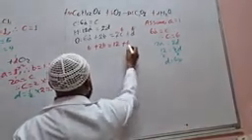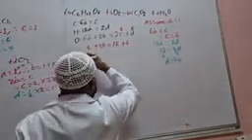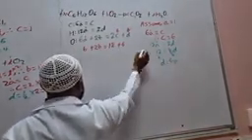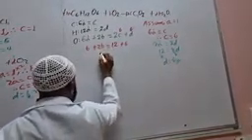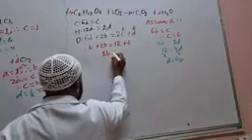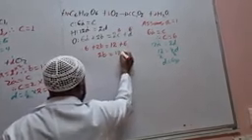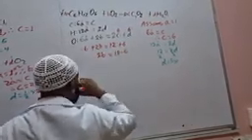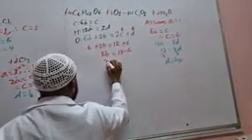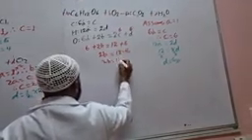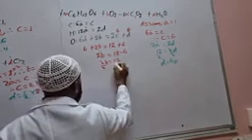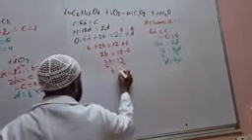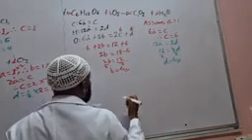This one plus this one means 18. The 6 moves away from the equal sign and becomes minus. That means 2B is equal to 18 minus 6, which is 12. 2B is equal to 12, so B is equal to 6.